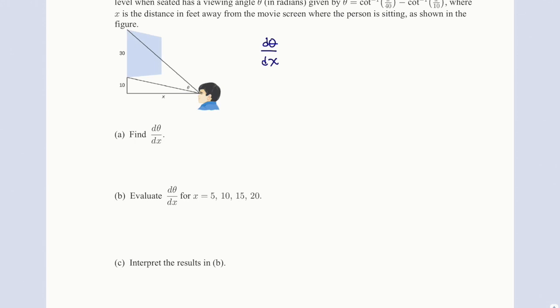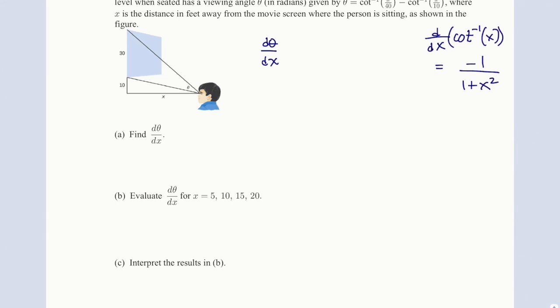And from the previous page, we can go back and look, but the derivative with respect to x of inverse cotangent of x is negative 1 over 1 plus x squared.